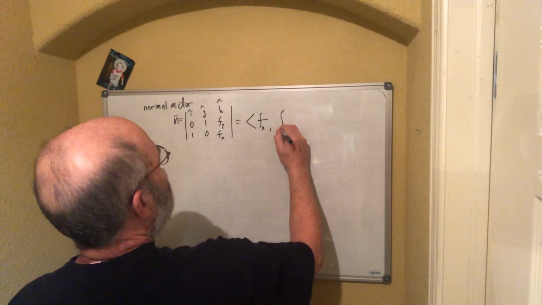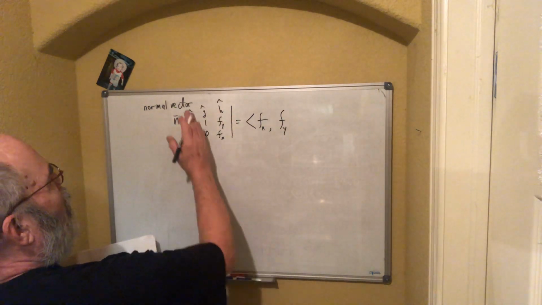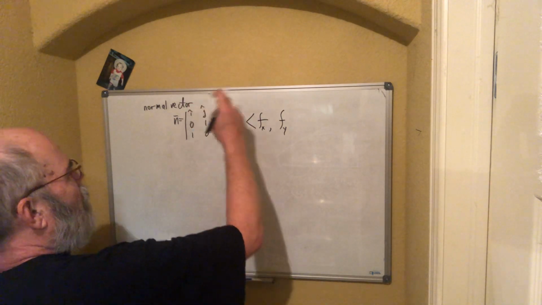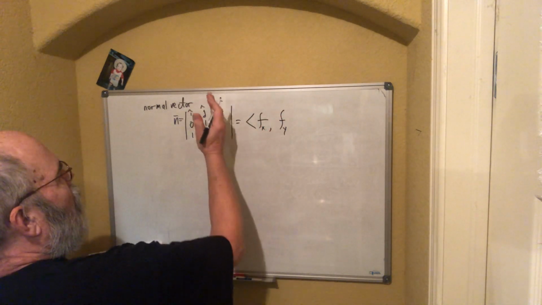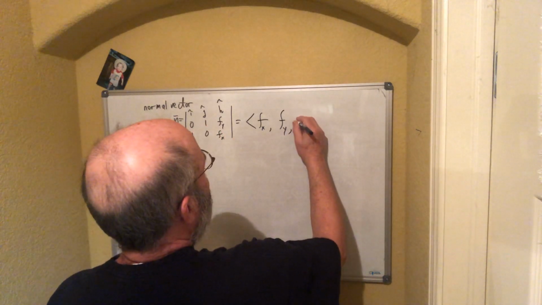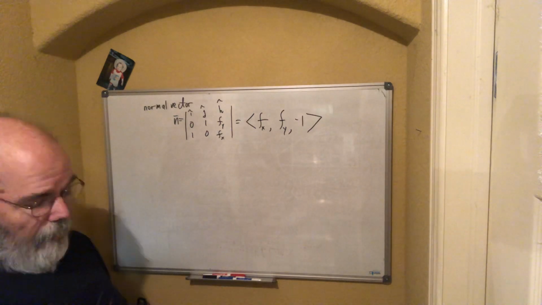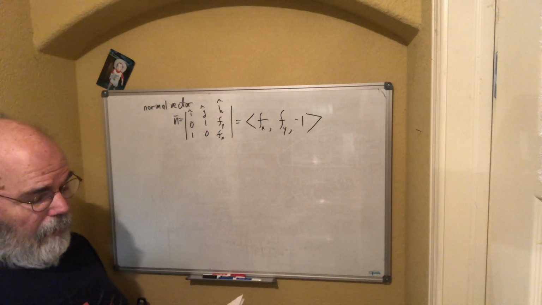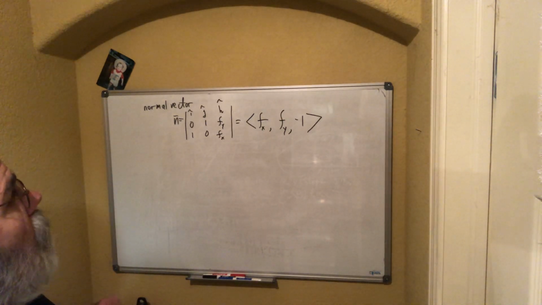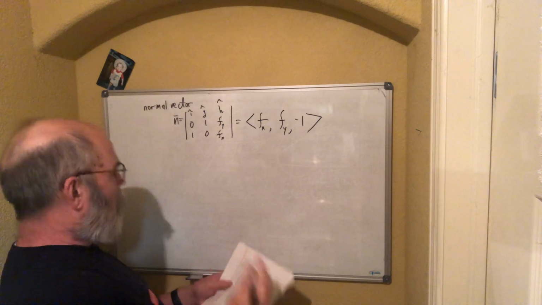All right, so anyway, y gives us that, right? x gives us 0 minus that, but the minus sign gives us a plus, and the z vector gives us 0 minus 1. So our normal vector actually comes out looking like that.